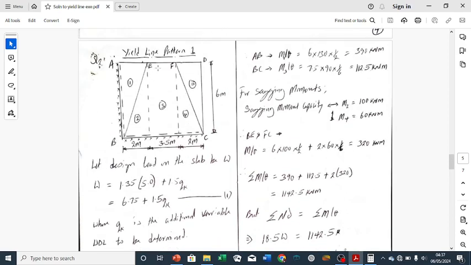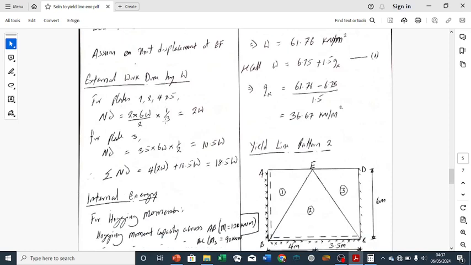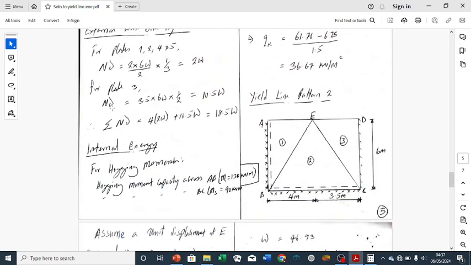Now plate 3 is a rectangle. So we just go ahead and calculate the area, our N delta. For a rectangle, area is length times width. So what is the width? 3.5. What is the length? 6, multiplied by W. Because it is a rectangle, our delta is 1 over 2. So we have 10.5W.